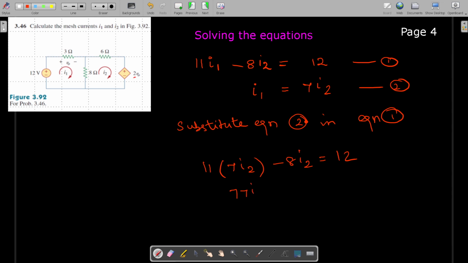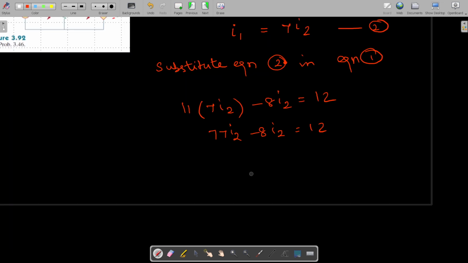So 77I2 minus 8I2, that is equal to 12. So it is 69I2, that is equal to 12. So what is I2 value? I2 is equal to 12 divided by 69. So that is equal to 0.1739 amperes. So we got one answer for the loop current.